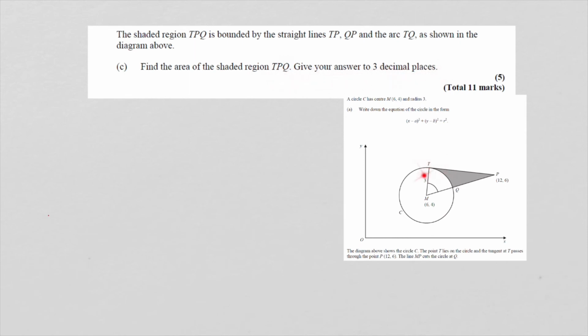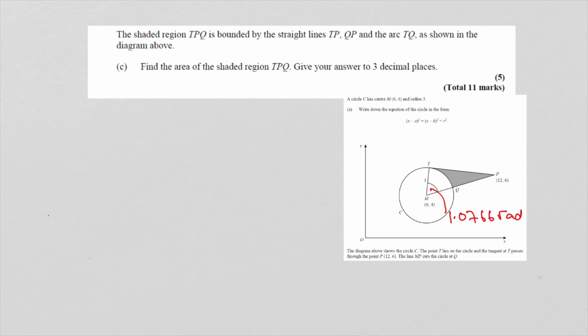We've got this region here, and again we've got the right angle triangle. We know the angle here because we worked that out earlier. That angle is 1.0766 radians.